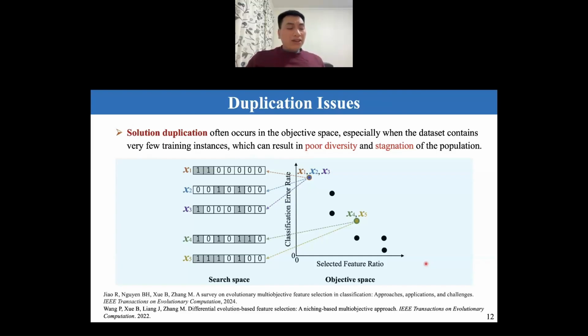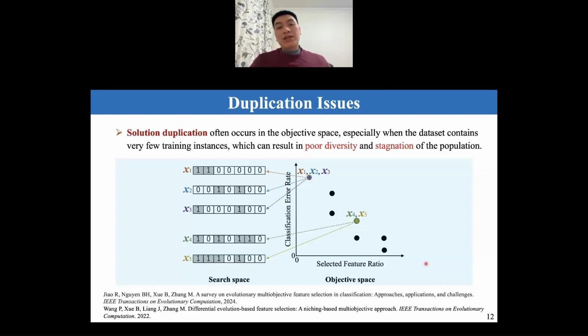The reason for having too many duplicated solutions is that in feature selection we have a lot of redundant features. Just recall, redundant features provide the same information about the classification task, right?